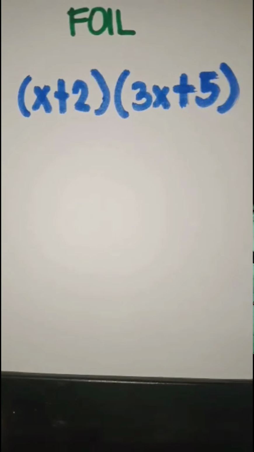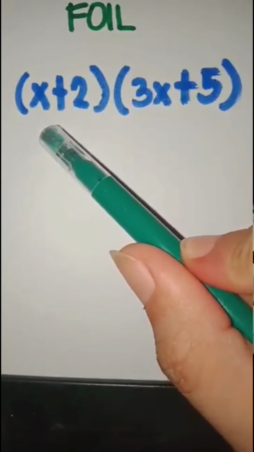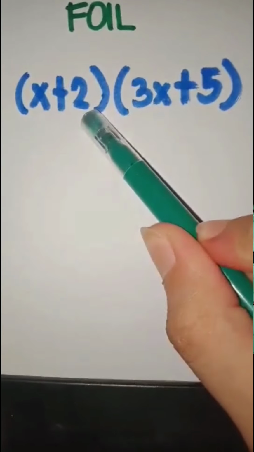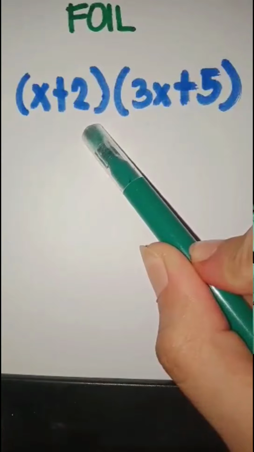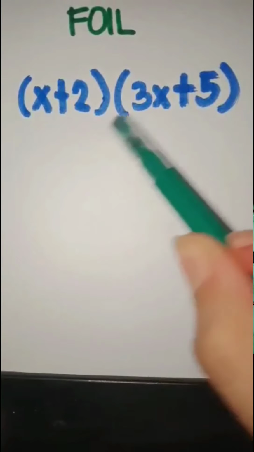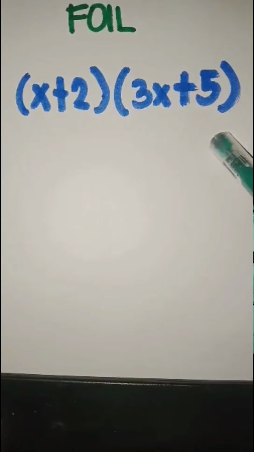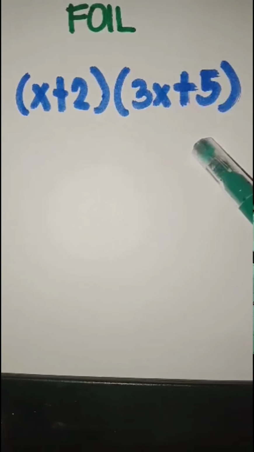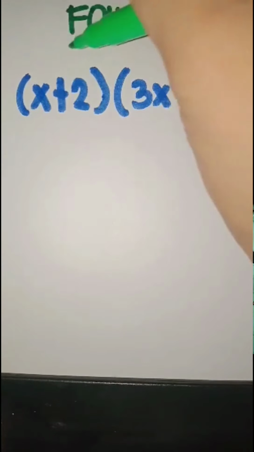The first one, x plus 2, has two terms, so it's a binomial. The other, 3x plus 5, is also a binomial. So we use the FOIL method.